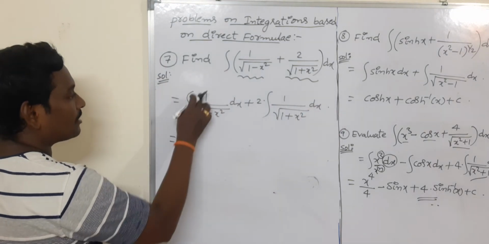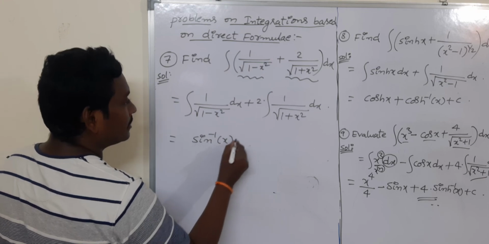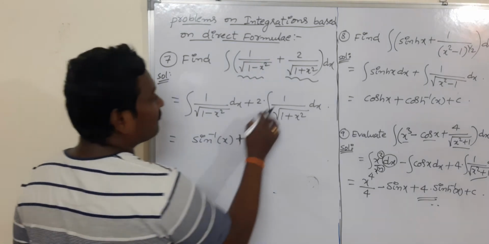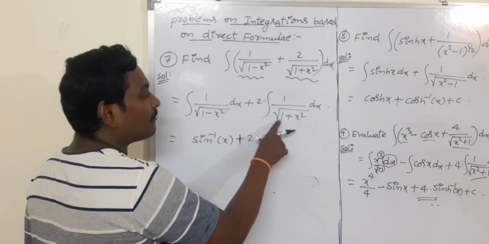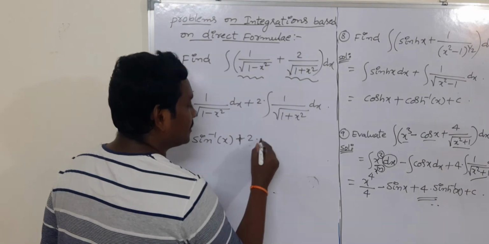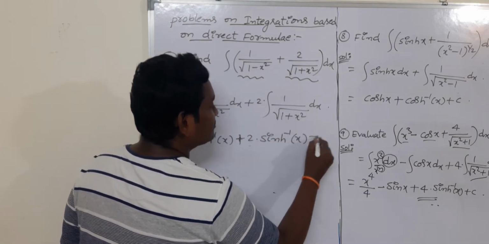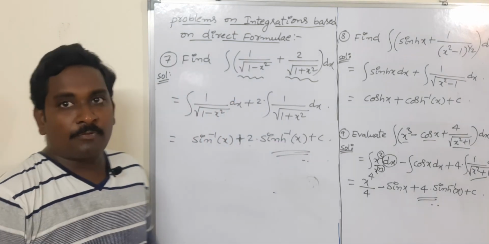So what is integral 1 by root over 1 minus x square? It is sin inverse of x plus 2 into integral of 1 by root over 1 plus x square, otherwise integral 1 by root over x square plus 1, both are same. The formula for that one is sin h inverse of x plus c. These are the problems for today.